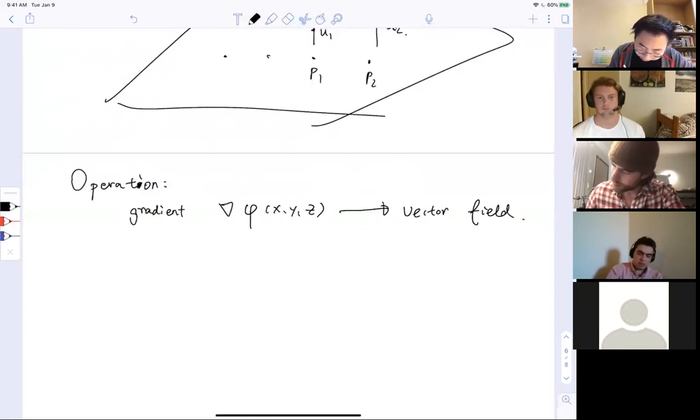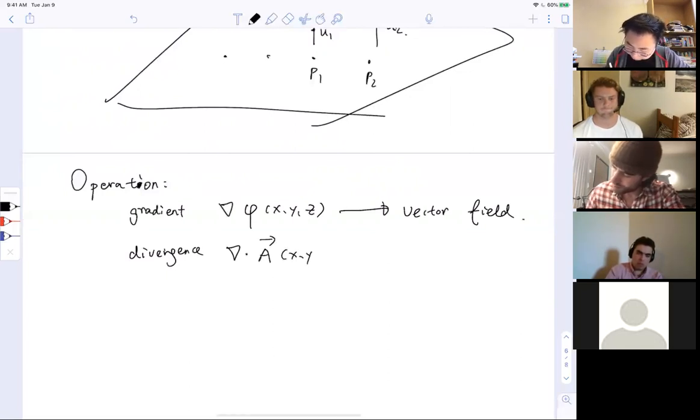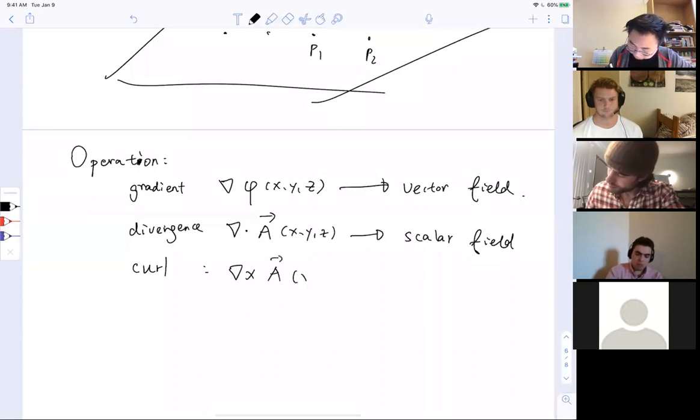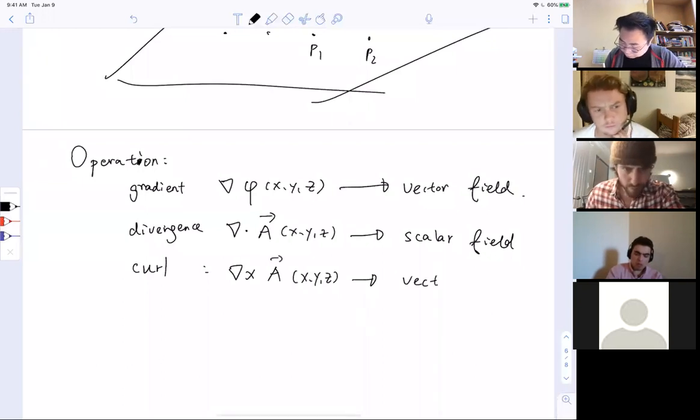And also divergence. It acts on a vector field and will give us a scalar field. And also curl. It acts on a vector field and will give us a vector field.